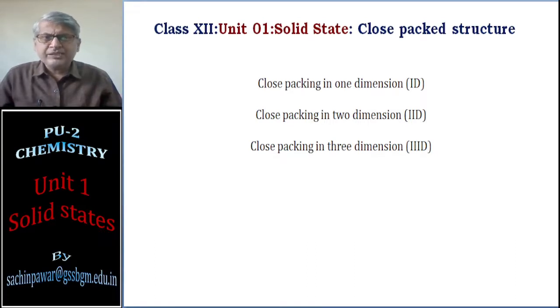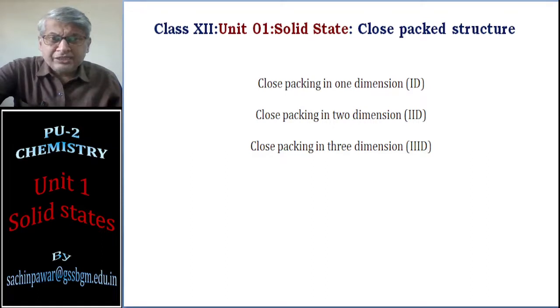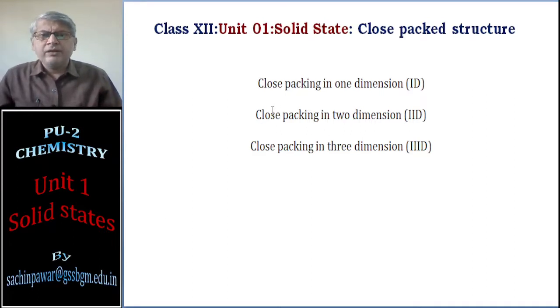I will short form it as 1D, 2D and 3D. So let's begin today's session on arrangement of particles in space, that is called close packed structure. Now when I say close packed structure, first we'll go for close packing in one dimension.